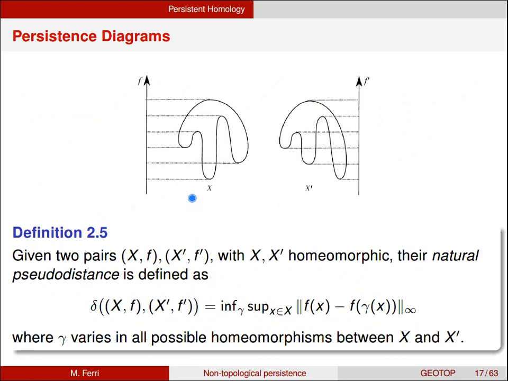And this is good because if I take two similar objects like this with respect to two functions defined on them, like ordinate in this case, we can say how much I should deform this into this. How can I measure my deformation? I can measure it by taking every point in X and finding what happens if I take the corresponding point on the other side and take the infinite norm of the difference, okay?